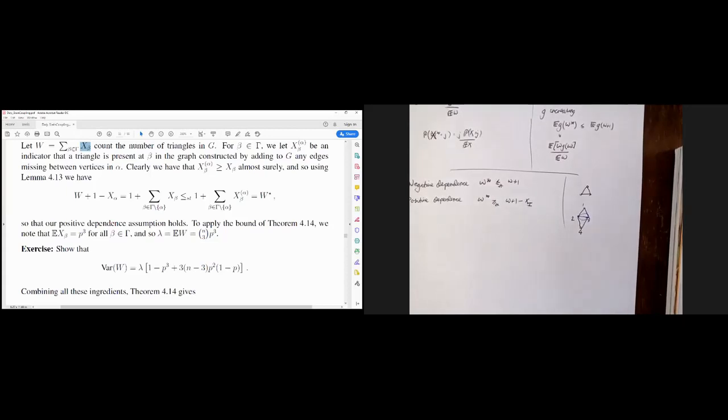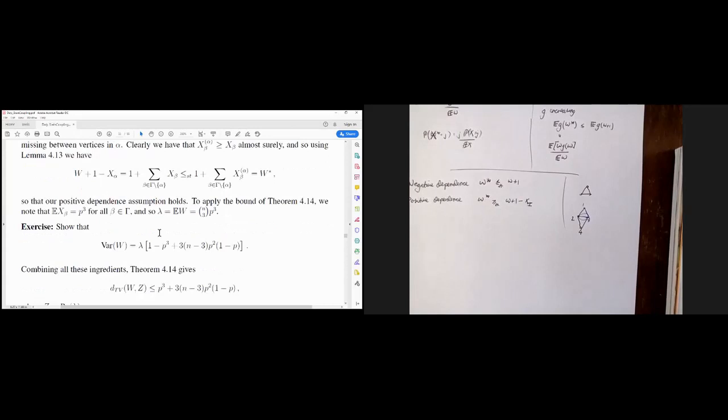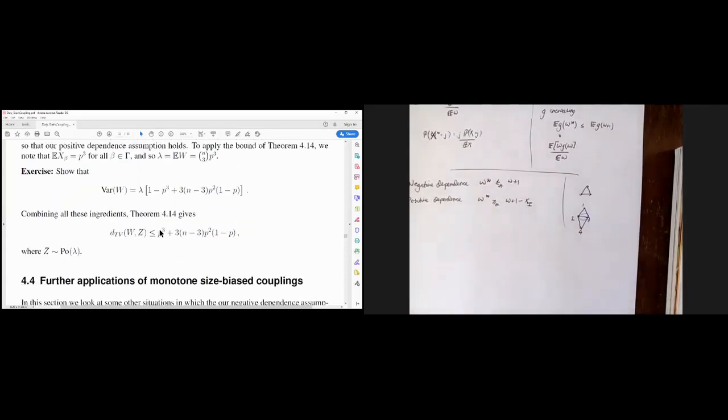I can calculate the variance and plug all those into an upper bound, which, as with other examples we've looked at, gives me an explicit upper bound that I can use for any values of n and p, but it also tells me about regimes in which I'll have Poisson convergence. So when will I get convergence in distribution of this number of triangles to a Poisson? Well, I'll get that if that error bound is going to 0.